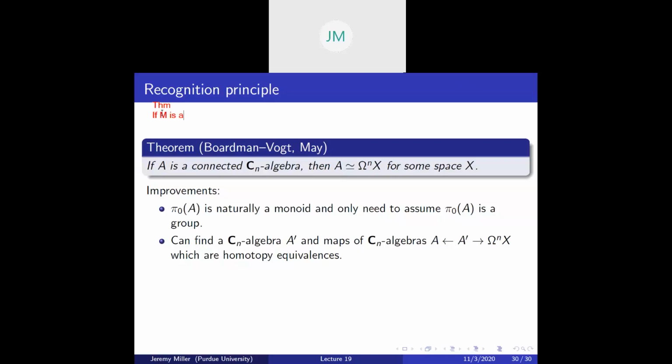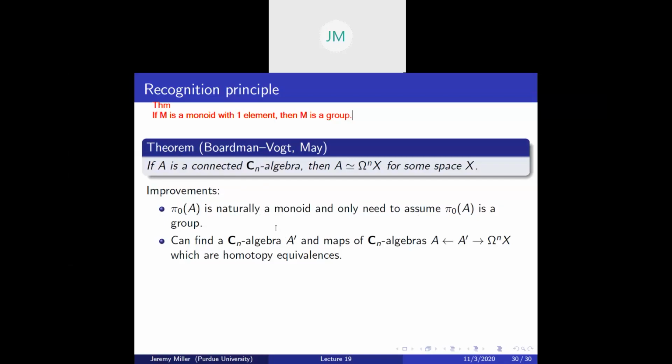If M is a monoid with 1 element, then M is a group. Why? Well, we just need to find inverses for everything. The 1 element is an inverse for itself. Great. So that's one improvement. We're not going to prove it because it's slightly easier to prove it using the assumption that A is connected. It's not necessary, but it streamlines the proof, and historically was the first version proven.